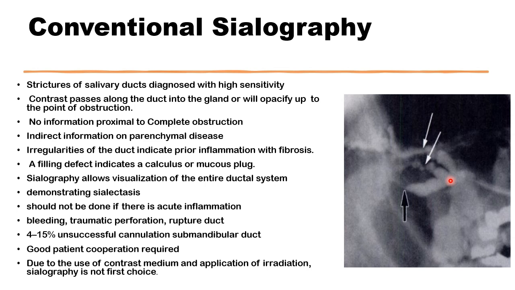It may not be successful in about 10% of the cases and requires good cooperation from the patient. Due to all these reasons, the application of conventional sialography is no longer a first choice. The first choice is the ultrasound scans, followed by MR, magnetic resonance sialography.